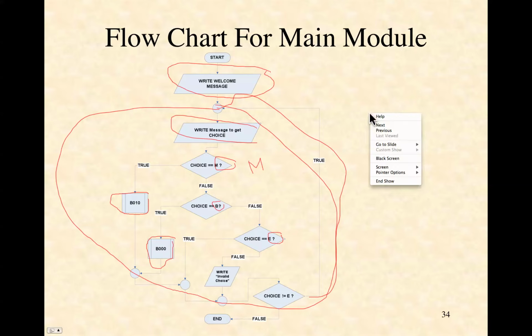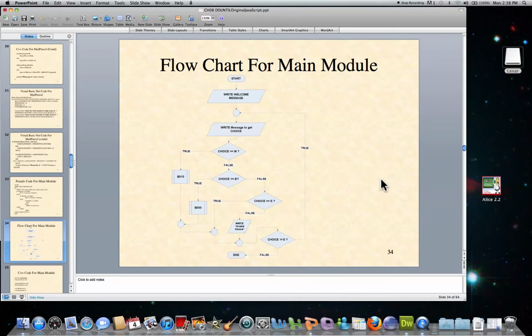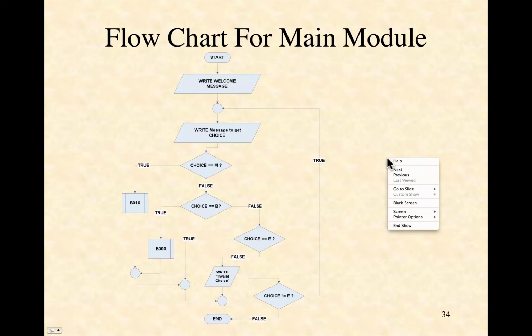Now let's see, this has become a bit cluttered. So let me just highlight again. And I want to show here how the loop is. Loop actually begins here, because we get a choice.